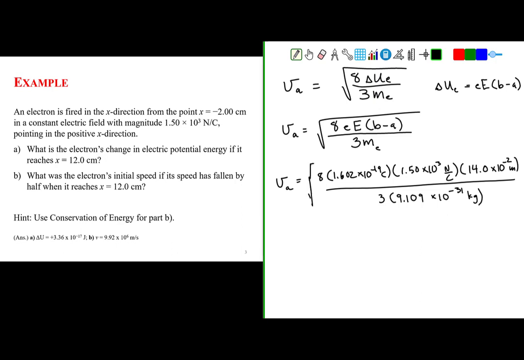And this is all underneath a square root. Let's do a quick unit check. I see I have a coulomb and a coulomb will cancel out.